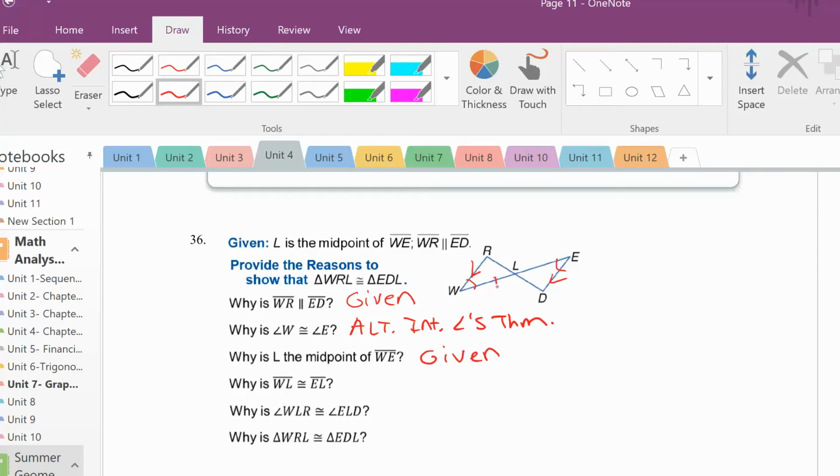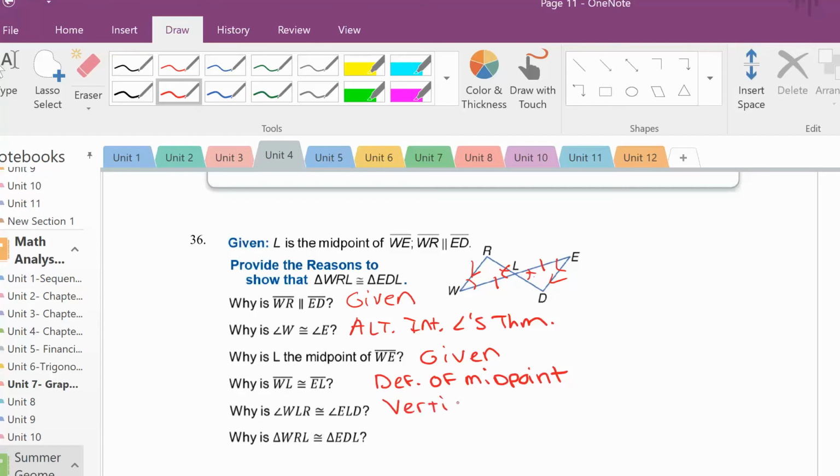So then why is WL congruent to LE? That is because of the definition of a midpoint, because if you have a midpoint, it divides the segment into two congruent segments. Why is angle WLR, right here, congruent to angle ELD right here? Notice those are vertical angles.